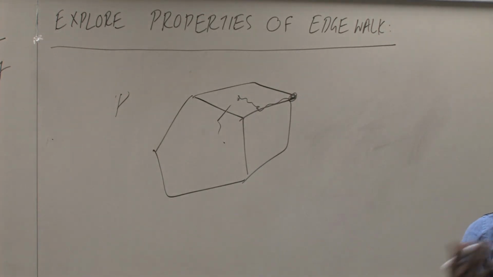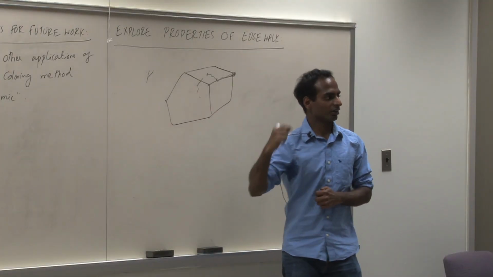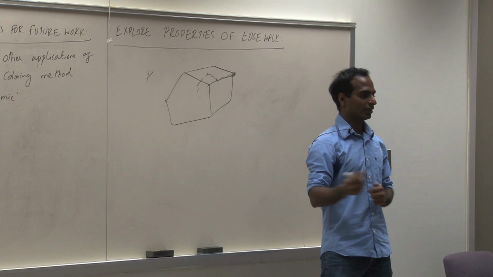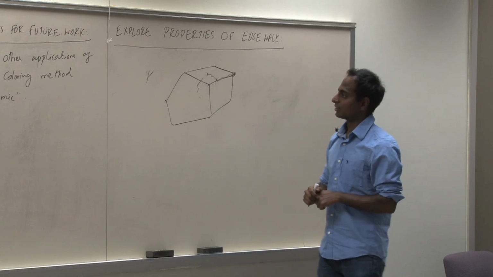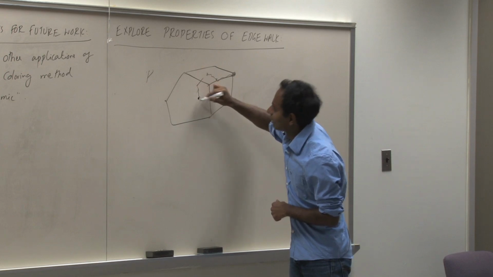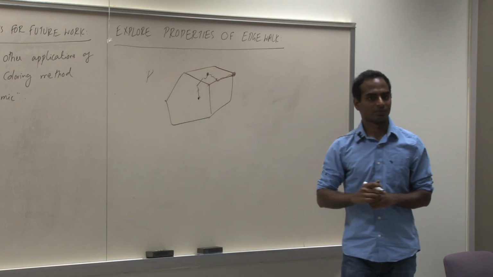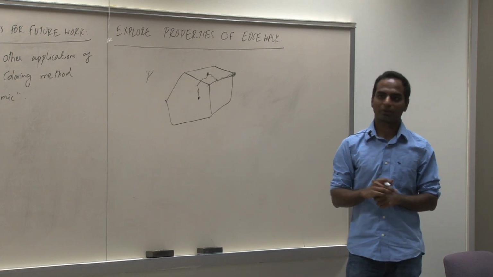So what you get at the very end is a distribution on the vertices of the polytope. Okay. So you're going to reach a vertex with some probability p and so on. Does this distribution have any nice properties? Okay, so that's one thing to explore.